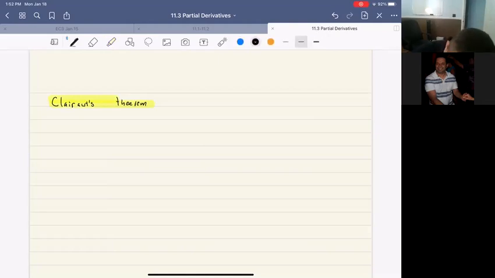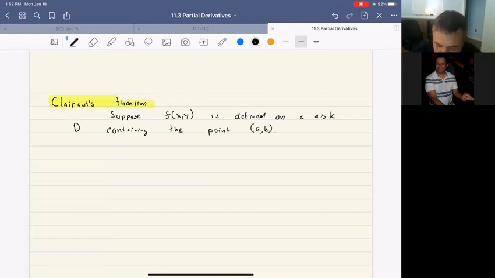Suppose f of x y is defined on a disk D containing the point (a, b).